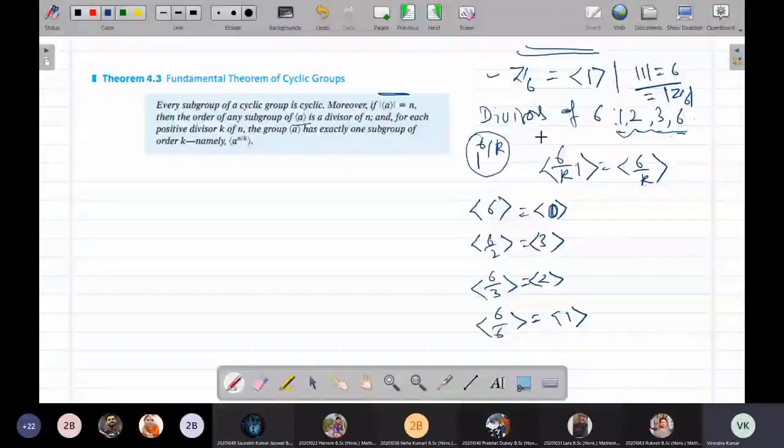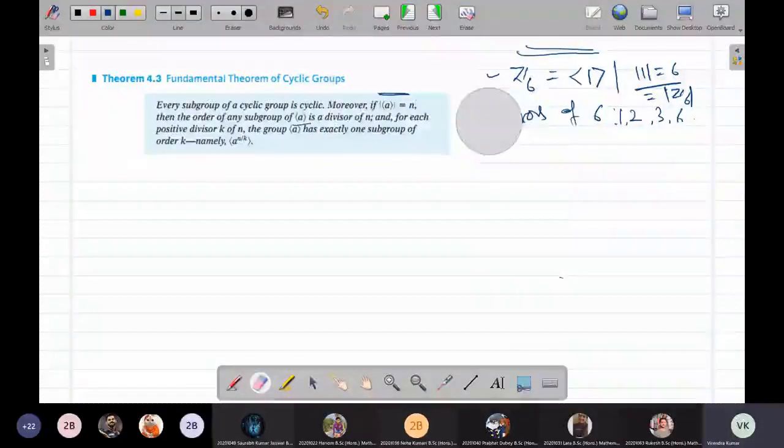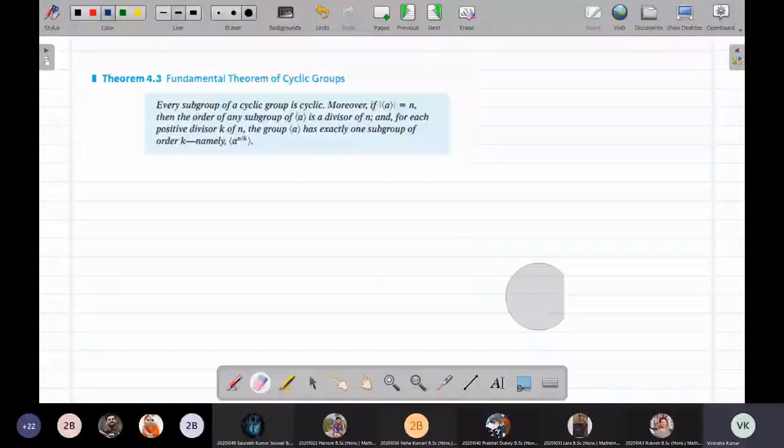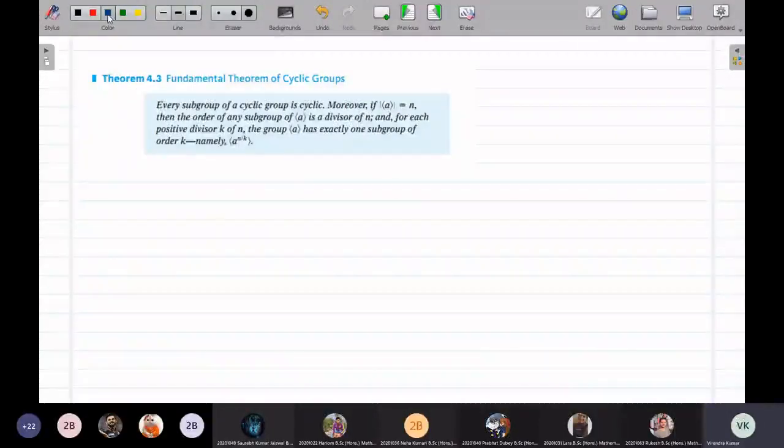So I'm back. I think you got what this theorem says. So let us have the proof of this theorem. How can we prove it? There are 3 parts. There is no such division in the statement of the theorem, but I'm writing it so that you can relate the proof.